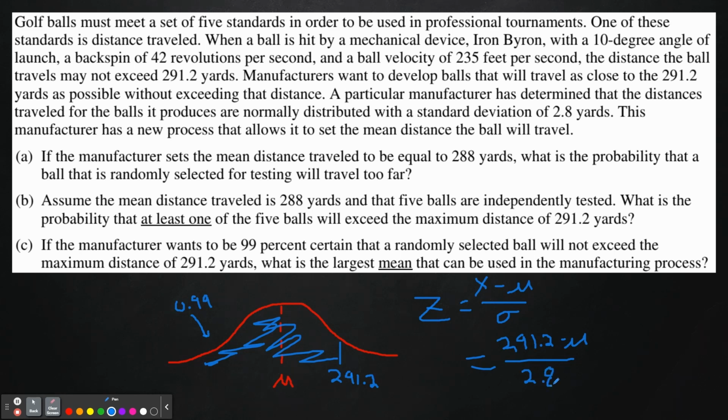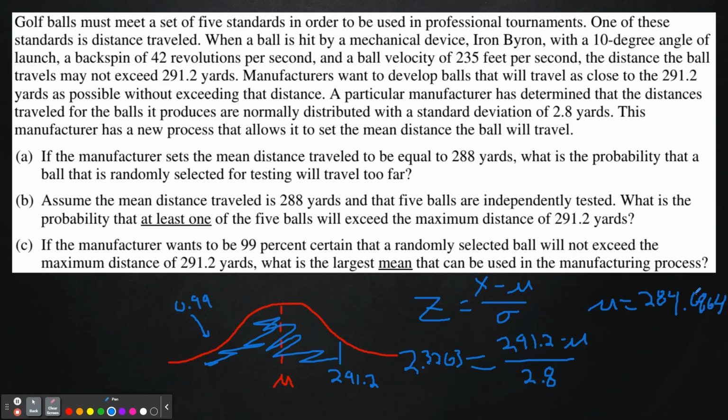And using InvNorm on our calculator, we can find the z-score that corresponds to 99% of the distribution being to the left. We would get 2.3263. If we took a minute and solved out this equation, we would find that the mean is equal to 284.6864.